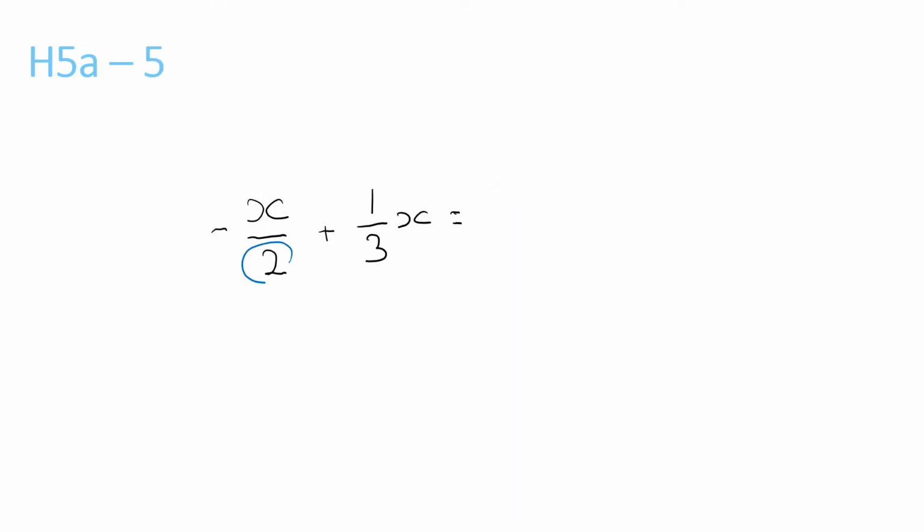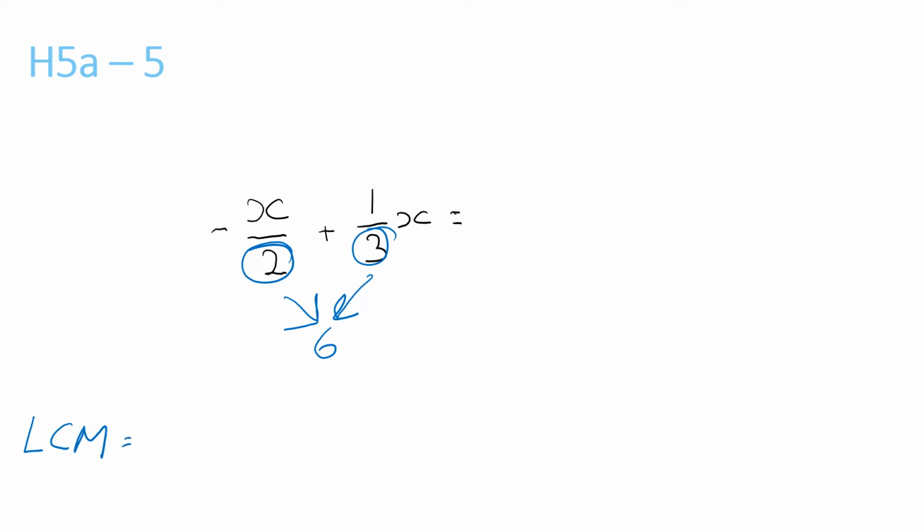This one, you have to get the bottom numbers, the denominators, and you have to find the LCM of them. So 2 and 3, what's the number that they both go into? 6, the lowest number that they can go into.